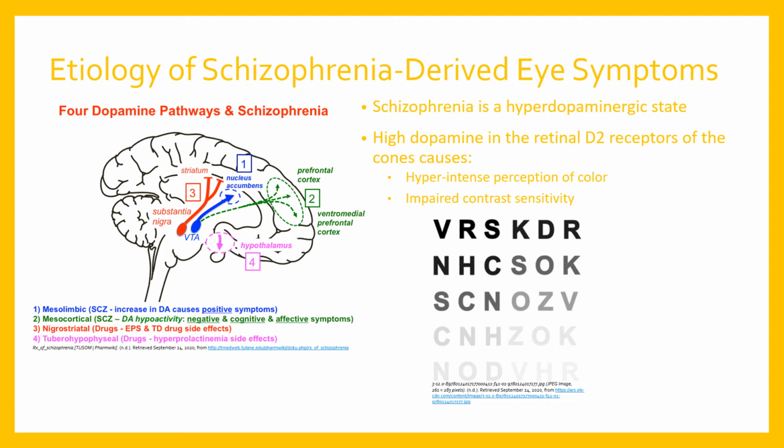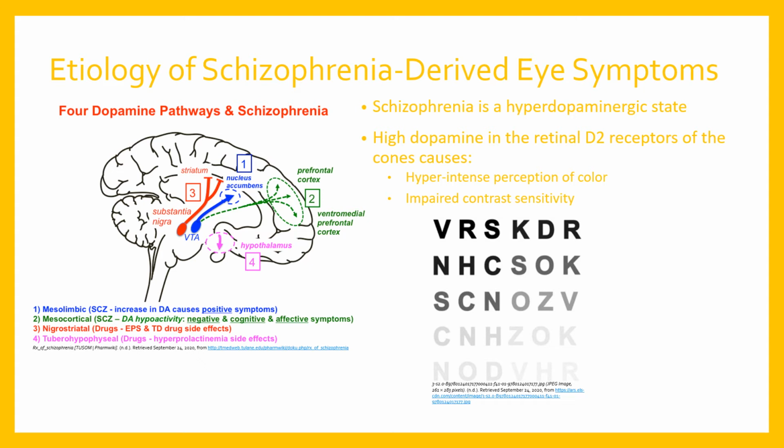And when there is a high level of dopamine, there are 4 dopamine-specific pathways in the brain. In schizophrenia, the mesolimbic pathway is elevated, saturated with dopamine, and causes positive symptoms.